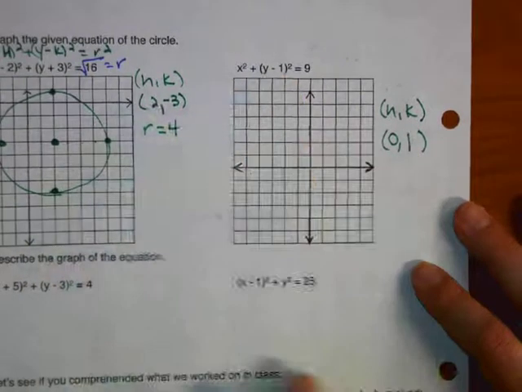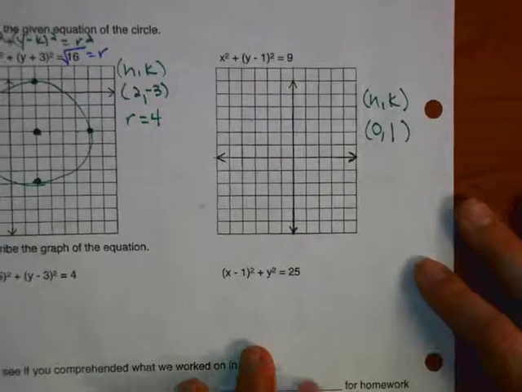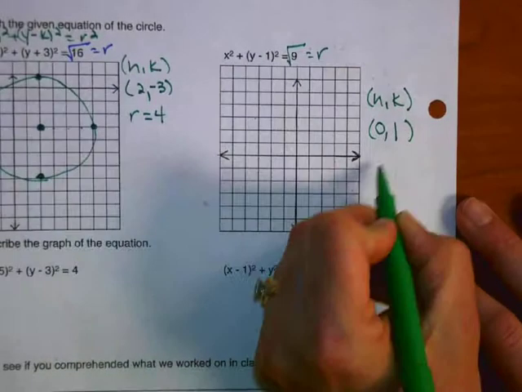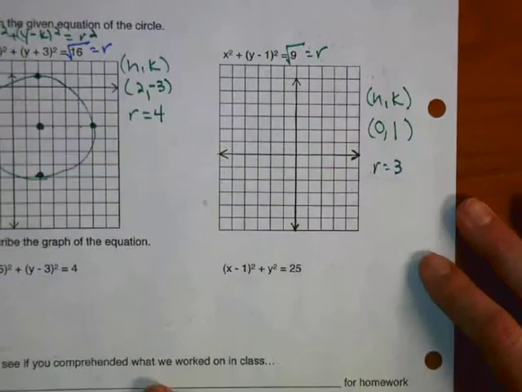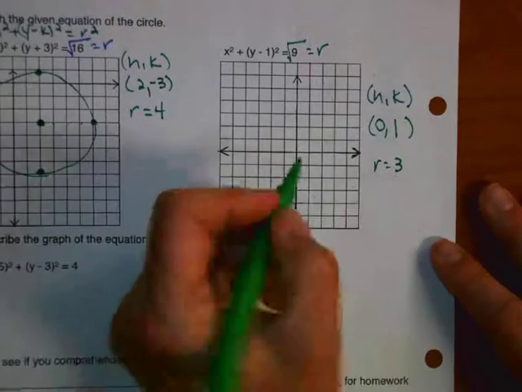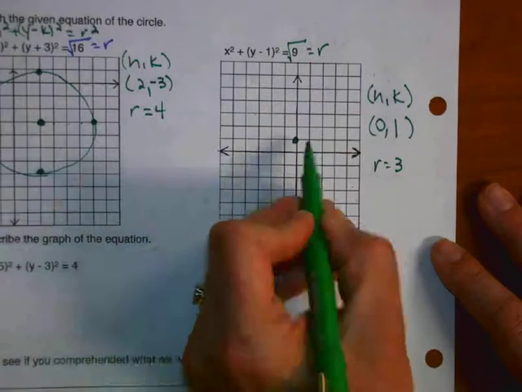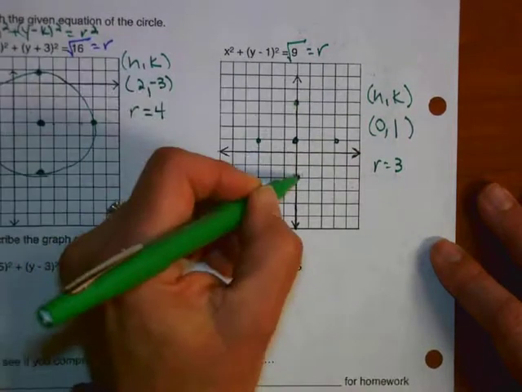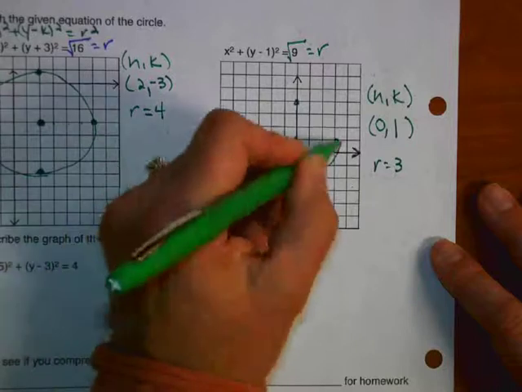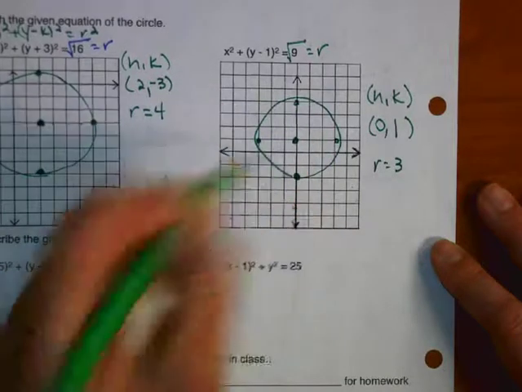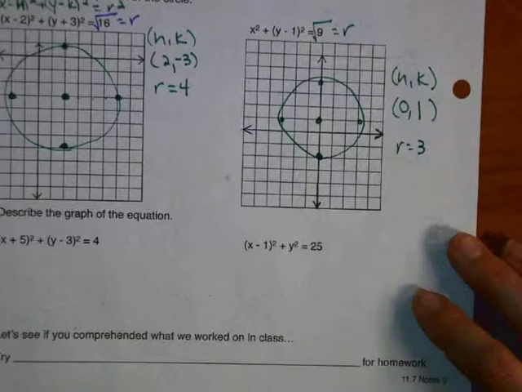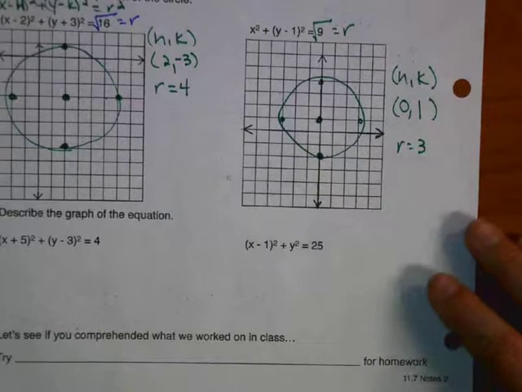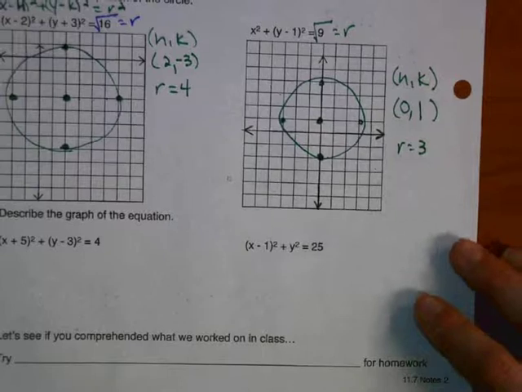K is 1. So the center is 0, 1. R squared is 3, and then for R, you just take the square root of that. So r equals square root of 3. So over 0, up 1, over 3 all the way around as the radius, and then you just kind of try and make it pretty. That one's a little yucky. Looks like a lemon. This is like really nice. Okay, so that's not too bad.